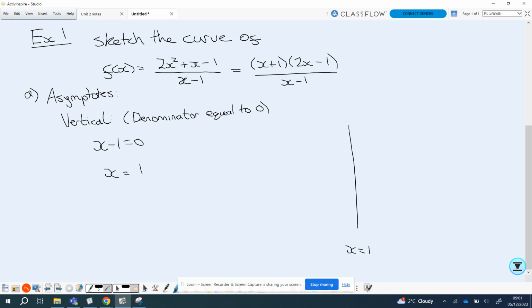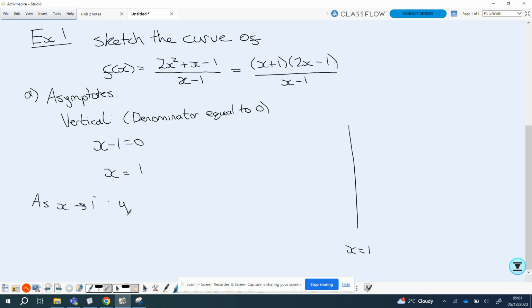We want to know what happens either side of this. And this is why I've actually factorised it, because it's going to make it easier to work out what's going on here. So, as x approaches the value 1, but from the left side, coming from the negative side towards x equals 1, what happens to my function?